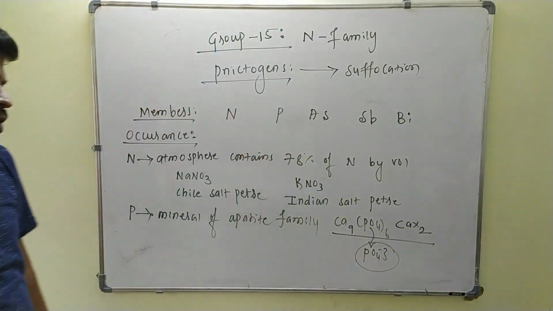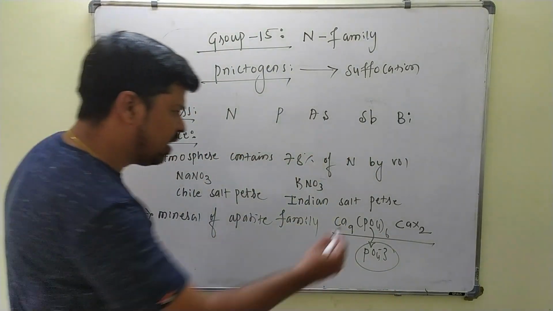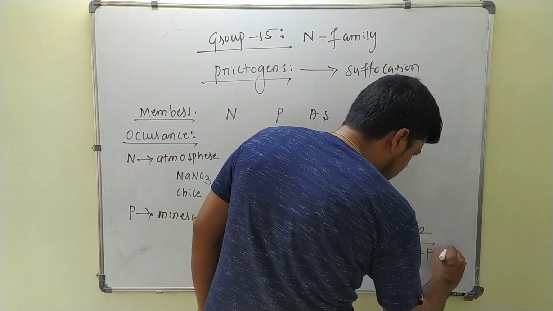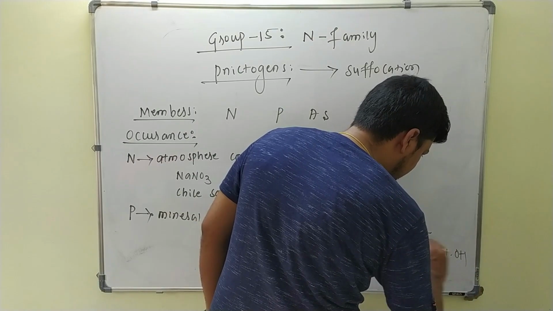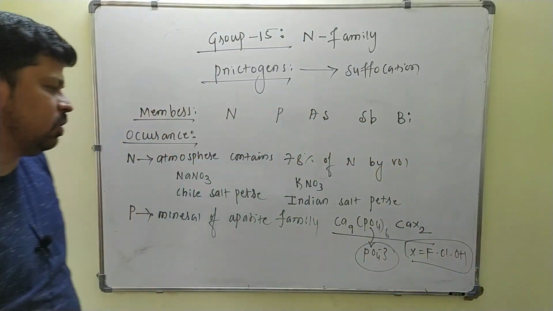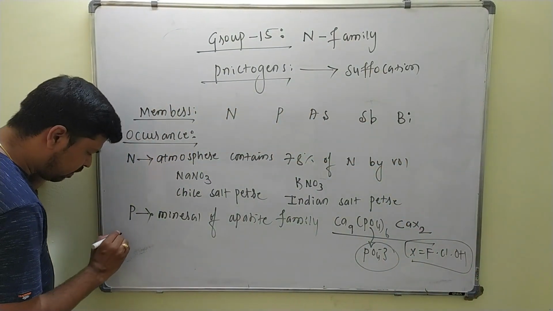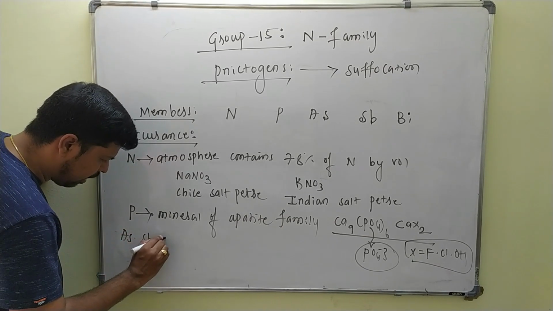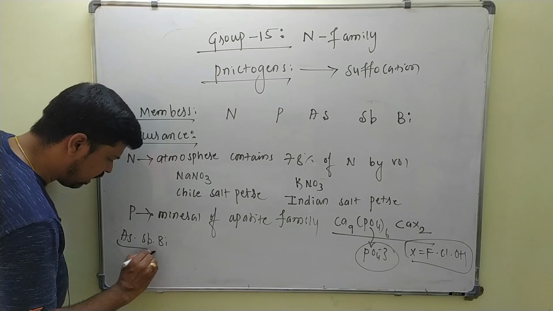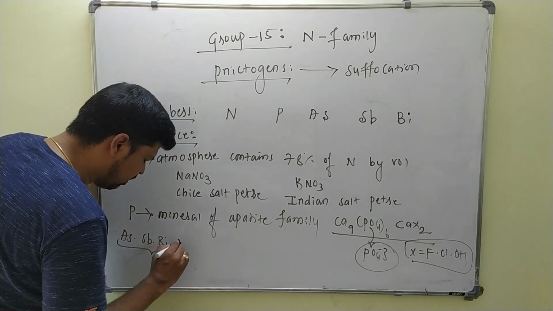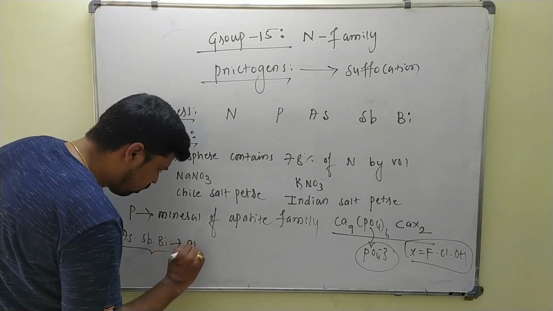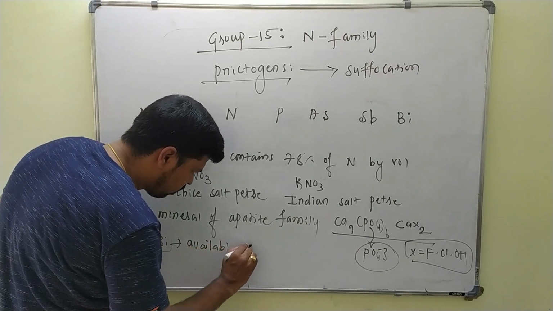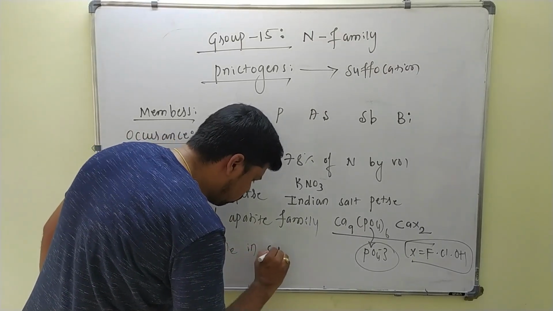It is available in the form of phosphate ion. Here this X may be fluorine, chlorine, or it may be OH. In this one, CaX2. Next one, this is arsenic, antimony and bismuth. All these three elements are available in sulfide ore.